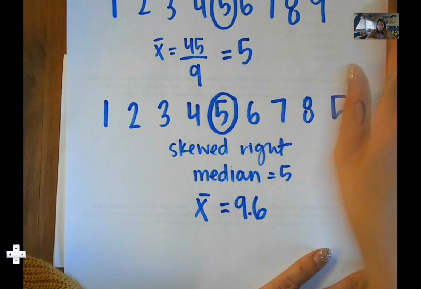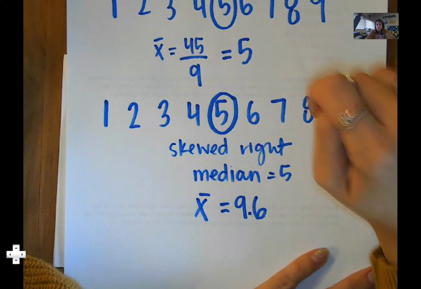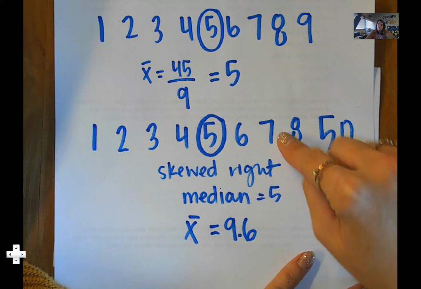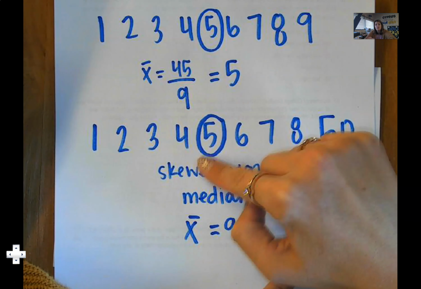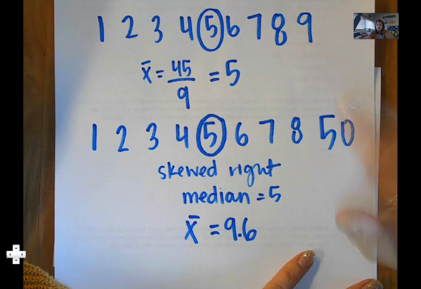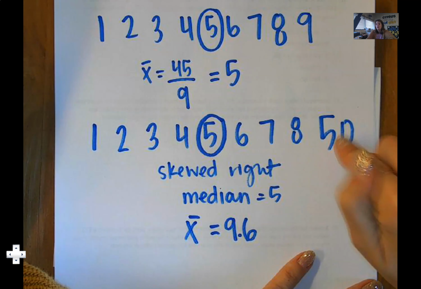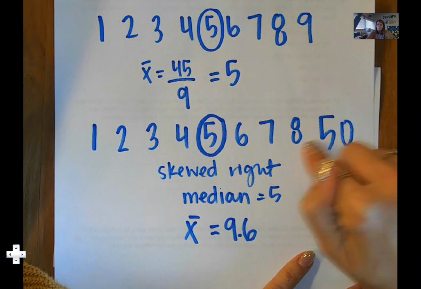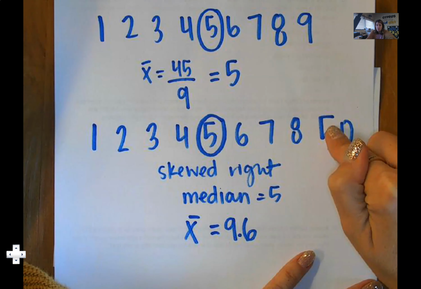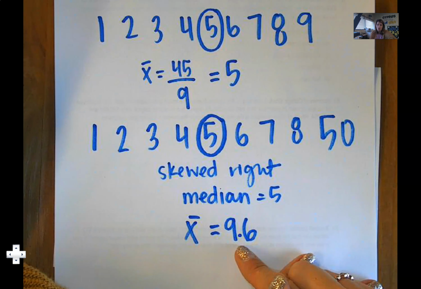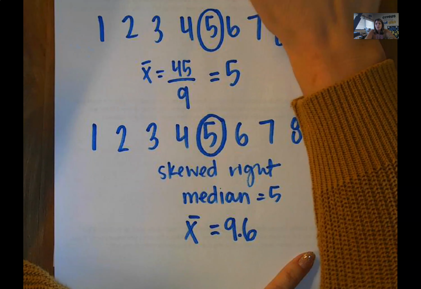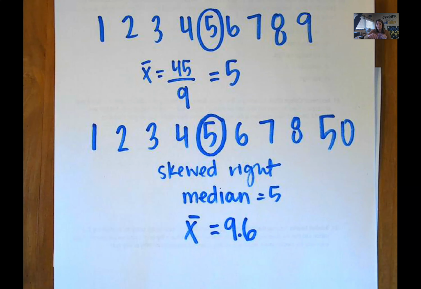In the new data set, most of our data values are still around 5, some below, some above, except for this one outlier all the way on the far right-hand side that is making our distribution skewed. And notice now our mean goes from 5 all the way up to almost twice that, almost 10.